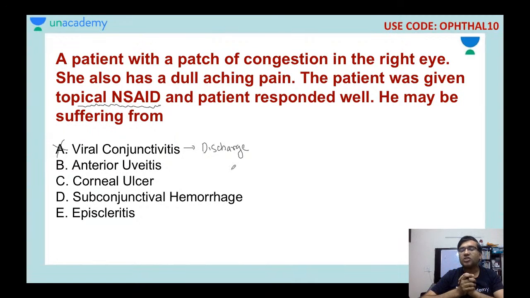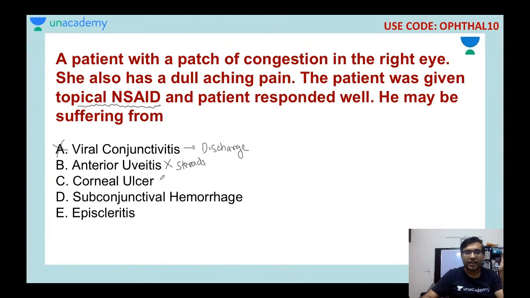A topical non-steroidal anti-inflammatory drug would not cause resolution in anterior uveitis. What do I need in anterior uveitis? I need steroids. Okay, so anterior uveitis cannot be the answer here.